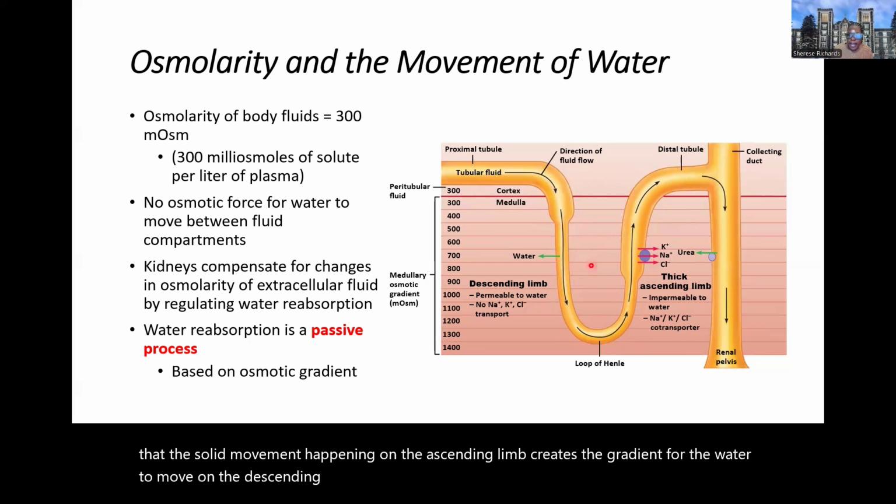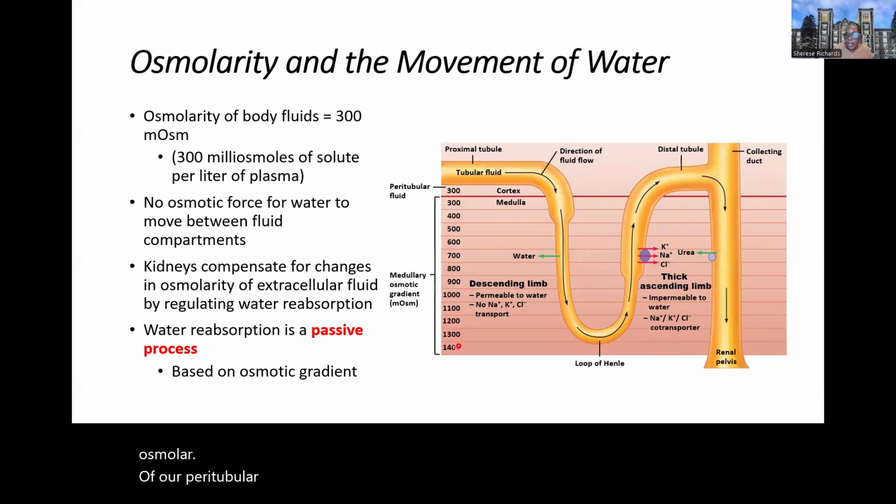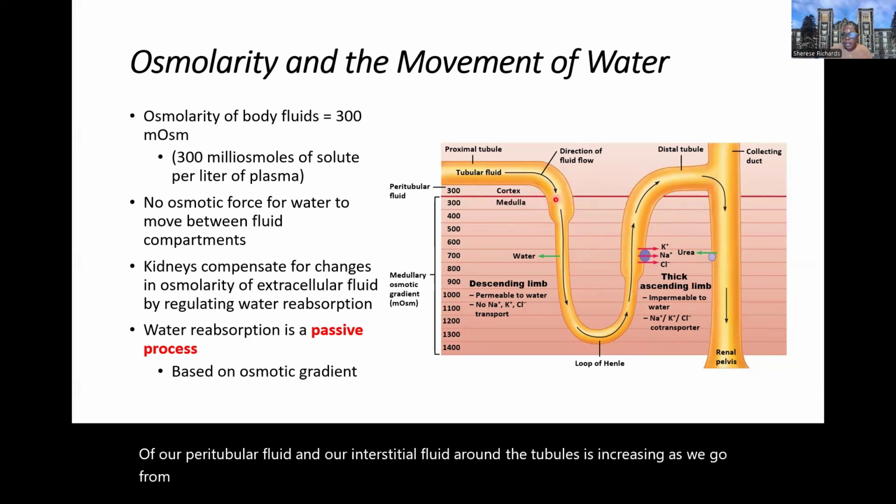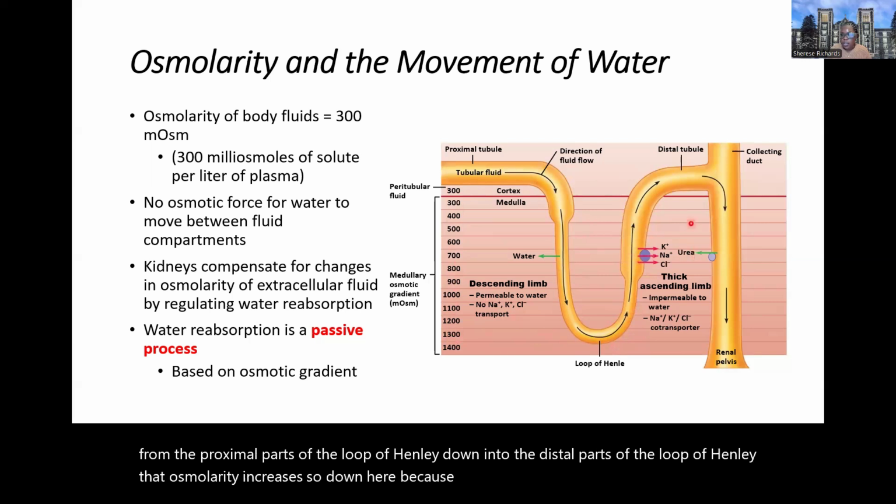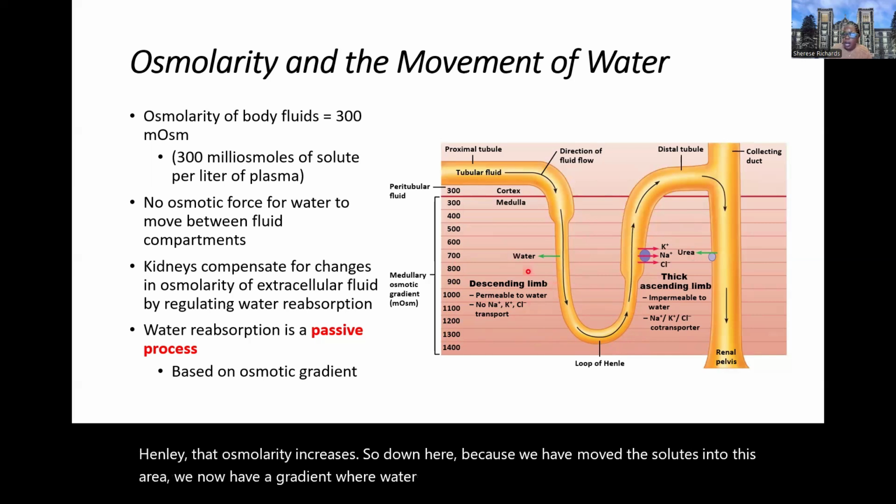So when we create that salty environment, notice how the osmolarity of our peritubular fluid and our interstitial fluid around the tubules is increasing as we go from the proximal parts of the loop of Henle down into the distal parts of the loop of Henle, that osmolarity increases. So down here, because we have moved the solutes into this area, we now have a gradient where water can simply flow on the descending limb by osmosis.